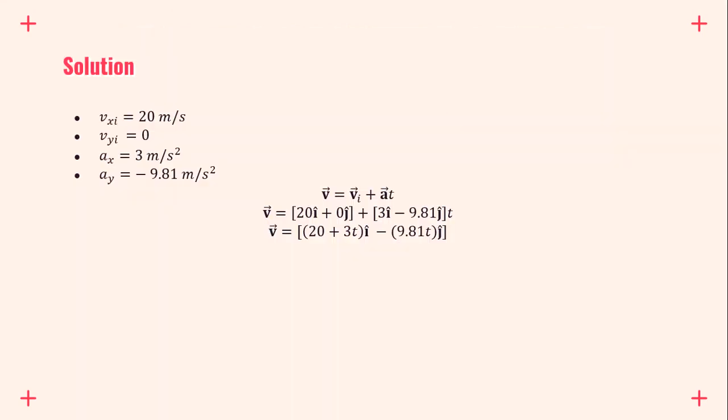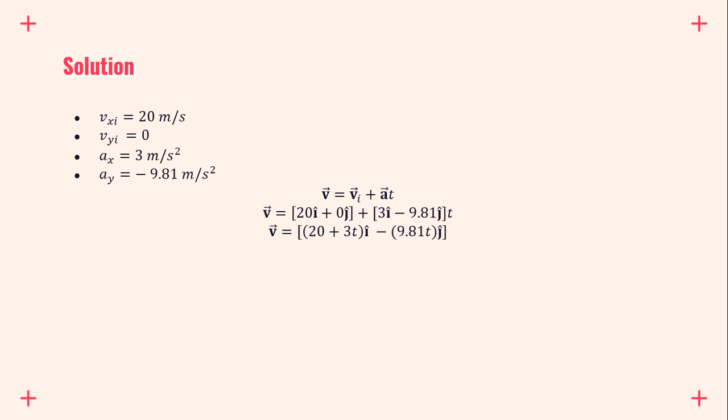So let us lay down the facts that we know about the problem. The initial velocity in the x direction is 20 meters per second, and for the y, it's 0. The acceleration in the x direction is 3 meters per second squared, and the acceleration in the y direction is negative 9.81 meters per second squared.